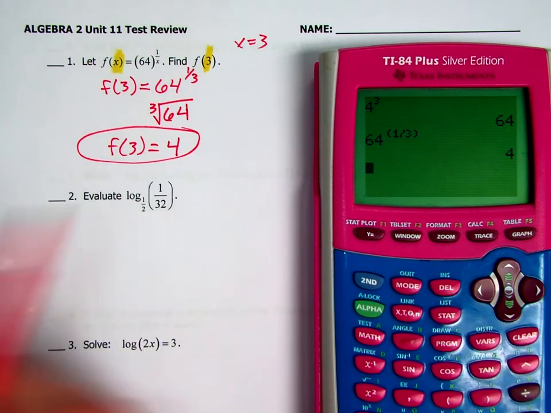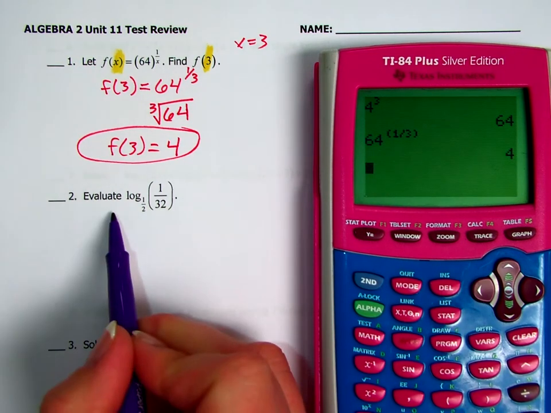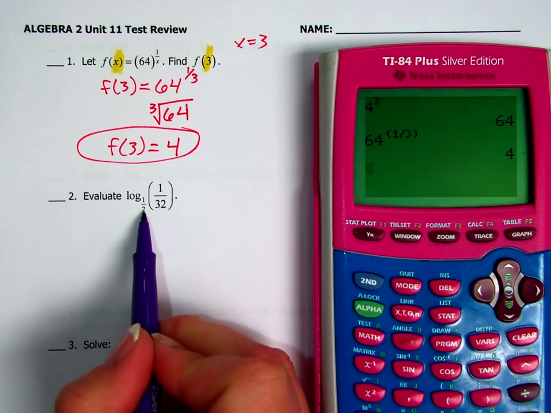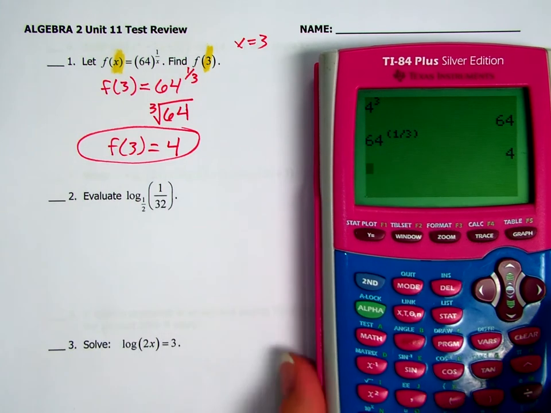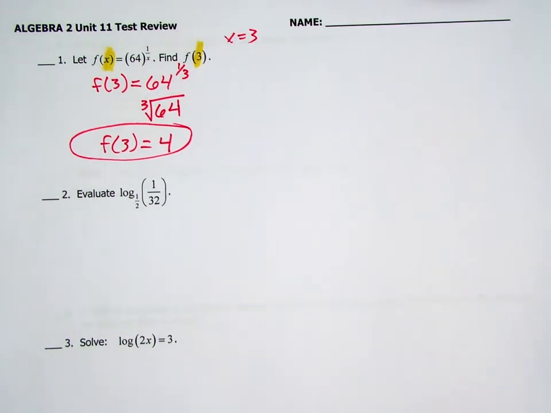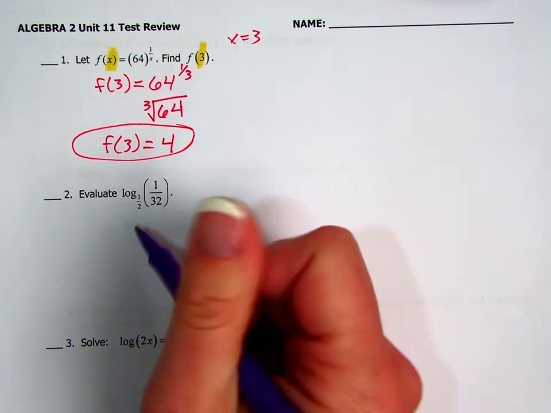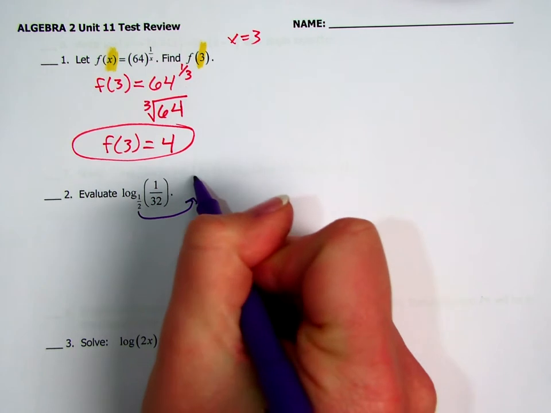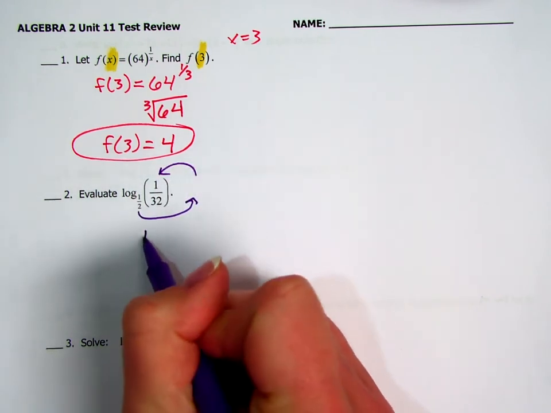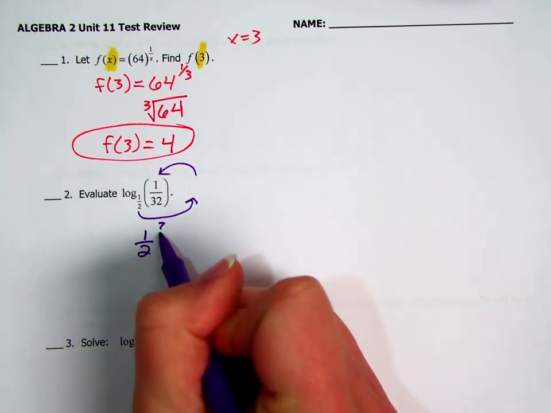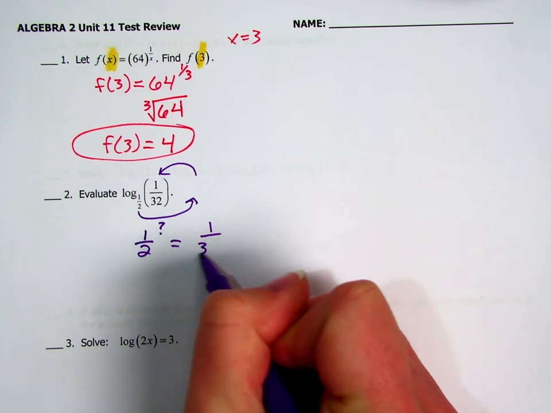Next one says evaluate log base 1/2 of 1/32. We're going to want to change this one, right? So the idea is 1/2 to something should equal 1/32. So 1/2 to some power equals 1/32.